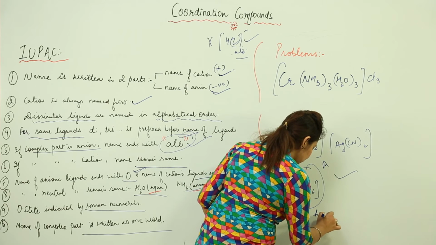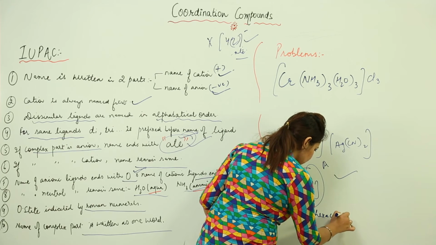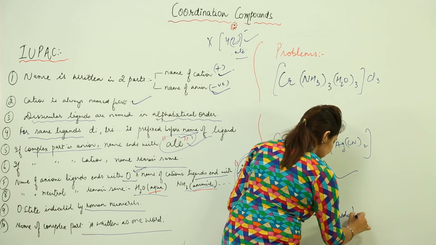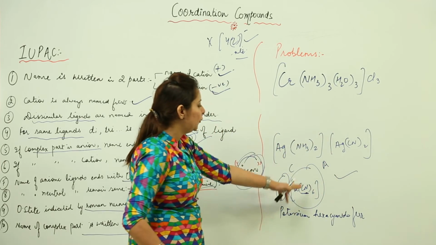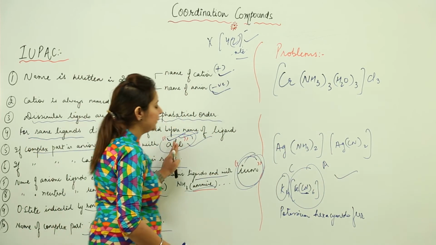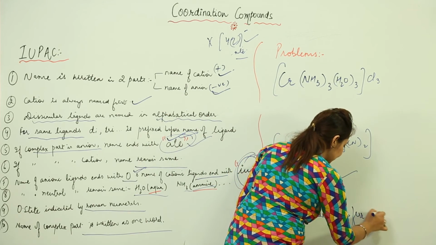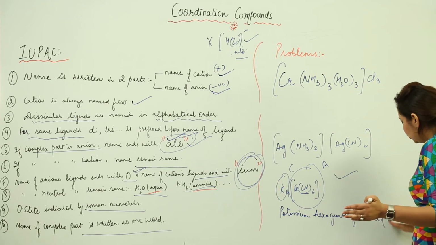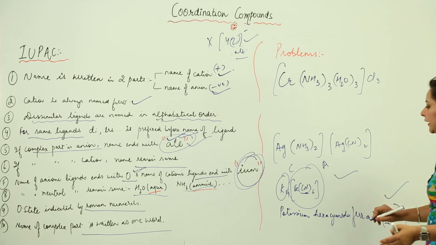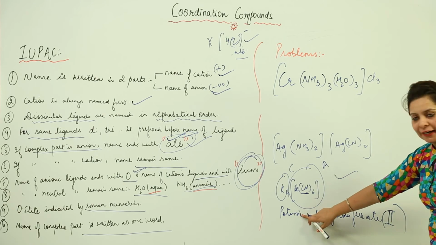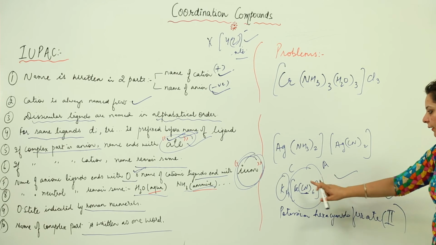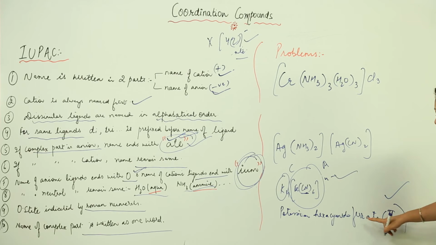It is hexa cyanido, because it is a negative ligand, anionic ligand, and this is Fe, and we know that whenever the complex part is anionic, we are going to end the name with ate. So it is ferrate. And what is the oxidation number in this case? We already found it comes out to be 2, so just put II here. So this is actually the name for this compound: potassium first, then the ligands hexacyanido, and then ferrate, because it is going to be a negative complex part, ferrate followed by the oxidation state for the central atom in numeral.